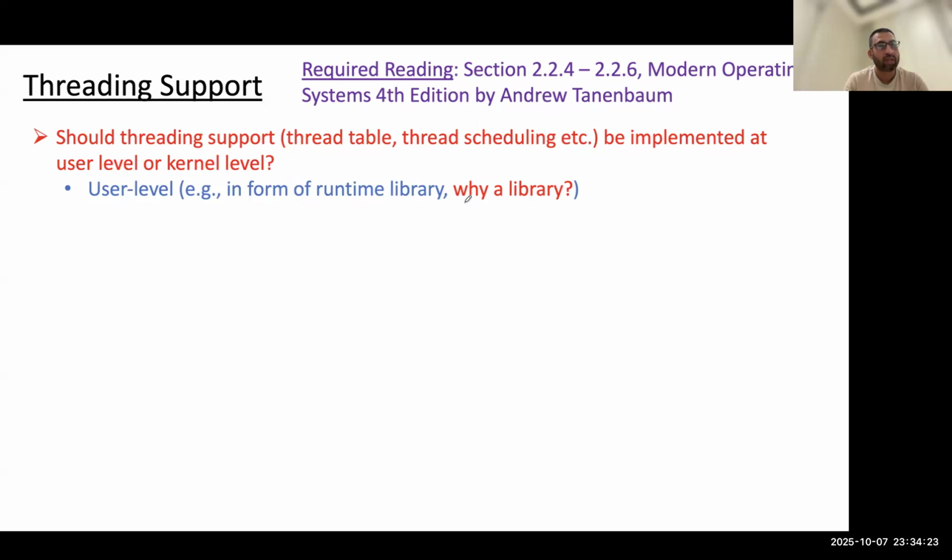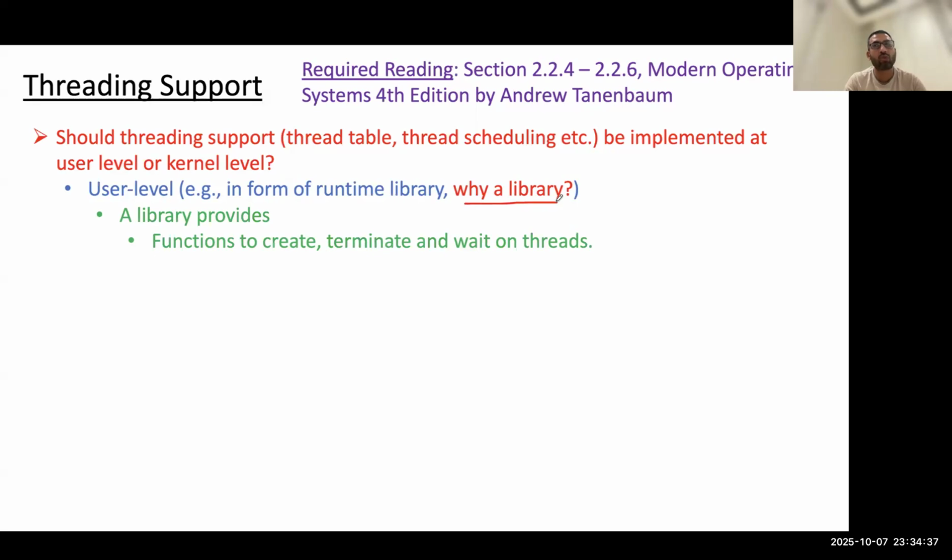But before we talk about that, why do we say we implement it as a library? Because a library provides all the functions you need to create, terminate, and wait on threads. In any library, you put all the code which is common and frequently needed for doing some task.